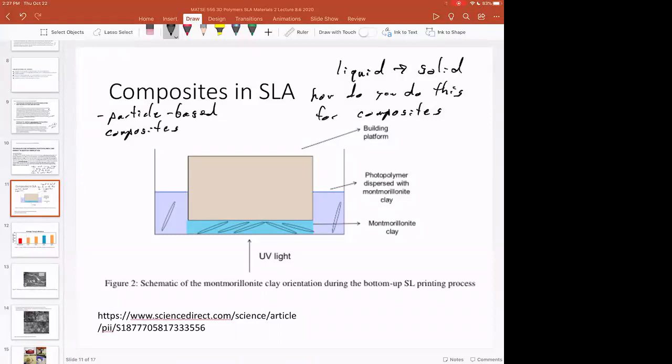In general, they're small particles with reasonable aspect ratios.